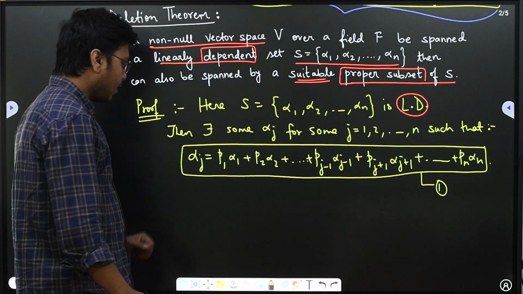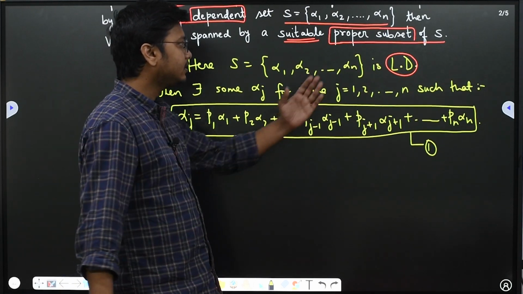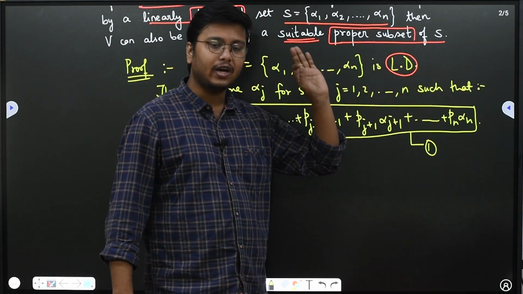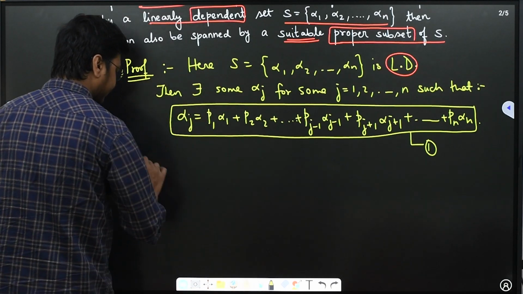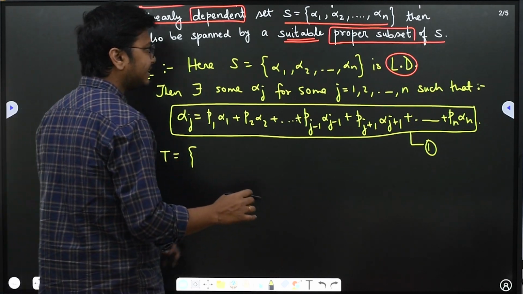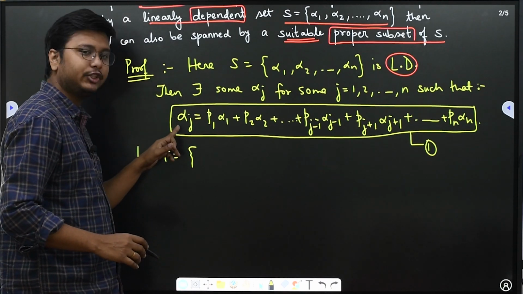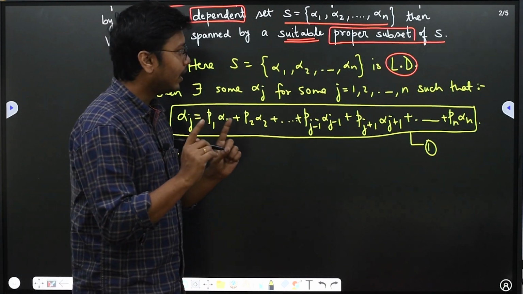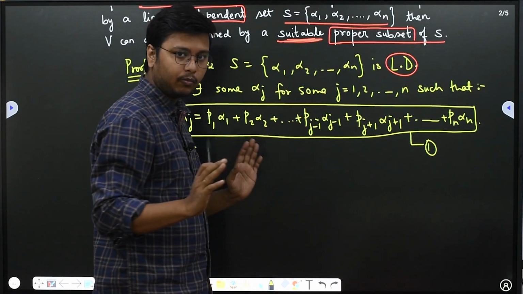Now what I will be doing, I will be creating this proper subset of S and call it T. And how will I create that? Let T equal, from the S set I will delete this alpha j element. Remember which one to delete. As I told you, it has to be a suitable proper subset, not any random one.